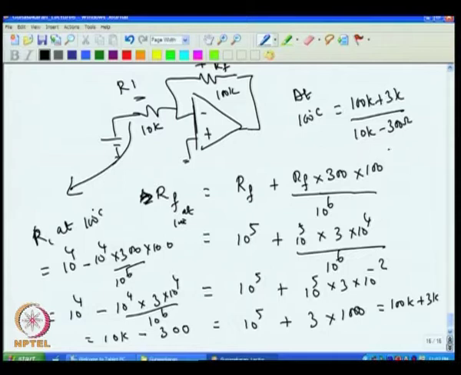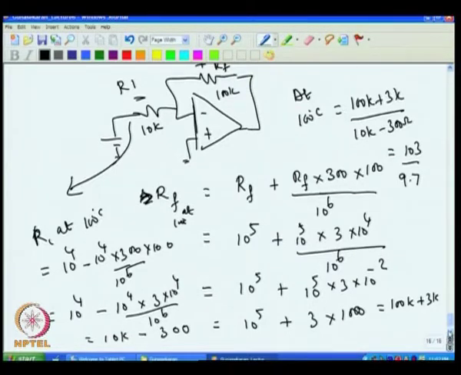Now, if we see this gain, it is 9.7K, because 10K has become 9.7K. So the gain is not 10.